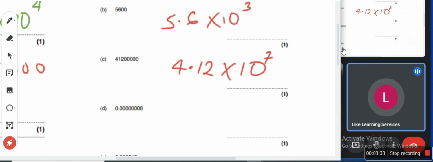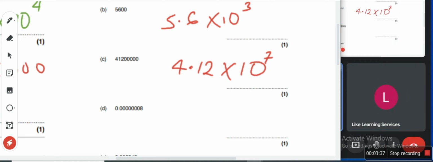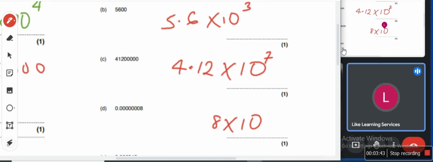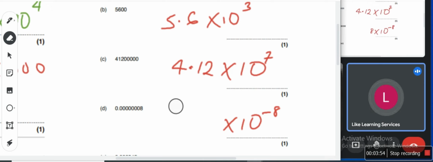Okay, so what have you gotten for this 8? What is D? 8 times 10 raised to the power. How many times did you count and you move to the right? So that's minus 8. You can even say 8.0. You can still write 8.0 times so that it will be uniform.